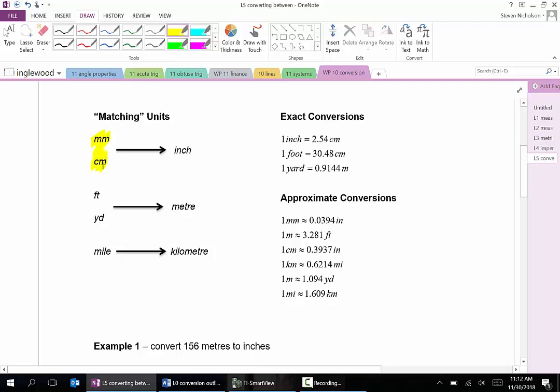Millimeters and centimeters are small units in the metric system, and inches are the smallest unit in the imperial system. Feet and yards are a bit bigger, and meter is that middle one that we just have to worry about. So feet and yards in this system are close to meters in the metric system.